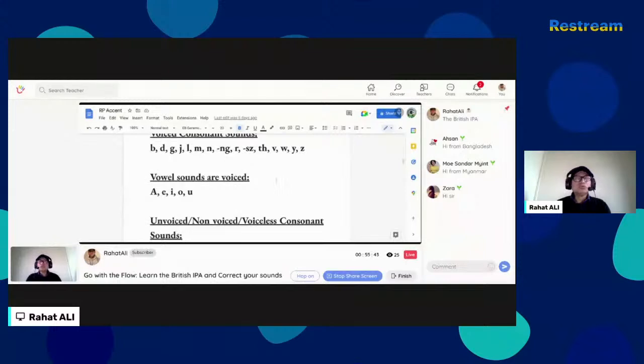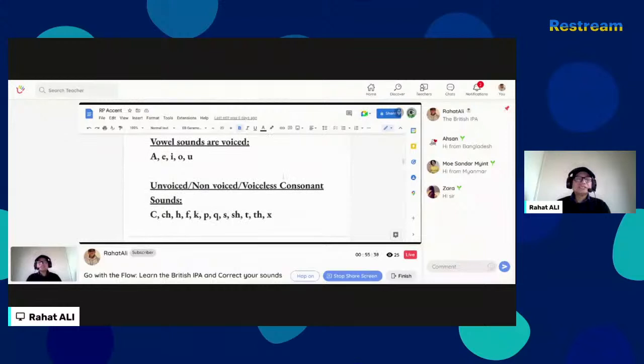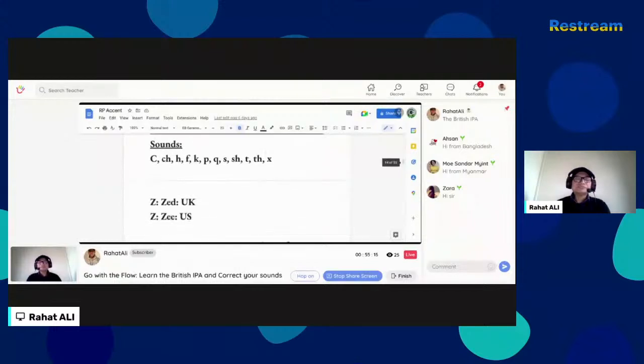And the unvoiced, non-voiced or voiceless consonant sounds are C, CH cluster, H, F, K, P, Q, S, SH cluster, T, TH cluster, X. Bear in mind that the letter Z, which you pronounce in British English, is pronounced Z by the American English.